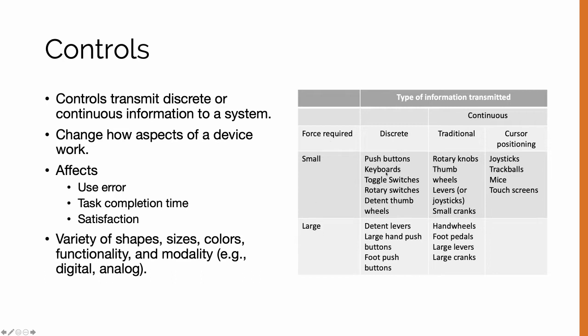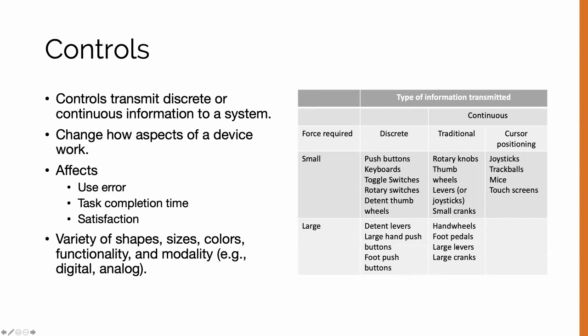And then here, whether it's discrete, that is kind of on or off, or one of two levels, or whether it's continuous, that is, does it have multiple levels that you choose from. So push buttons and keyboard buttons and toggle switches and all of those kinds of things are discrete controls. And if you think about some of the really big discrete controls, those might be things like push buttons that you use with your foot, and that's included down here.